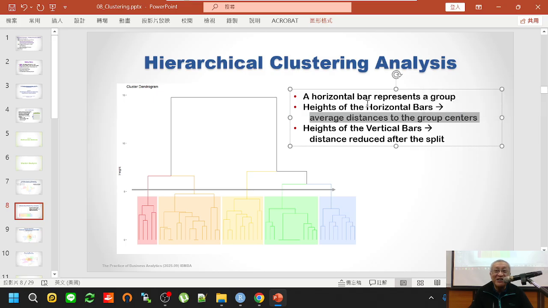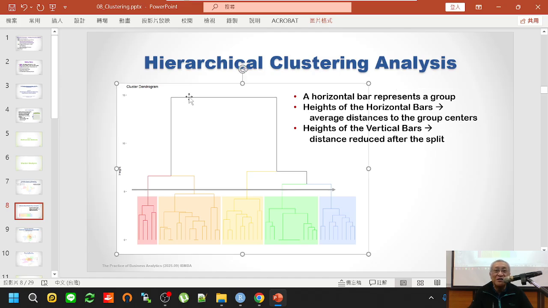So if I put all of the subjects in a single group, the average distance to the center is longer, right?